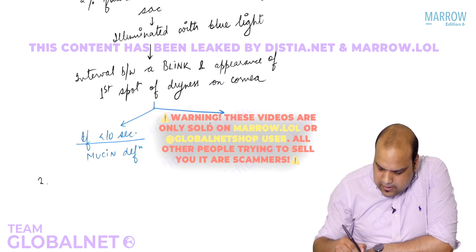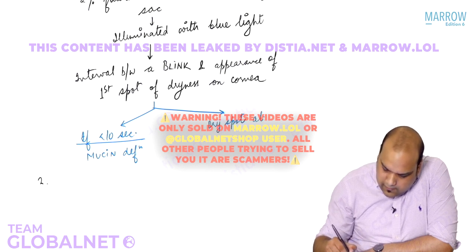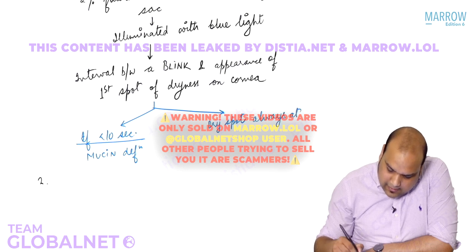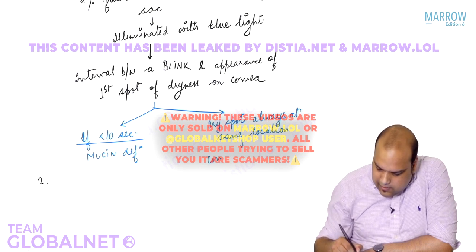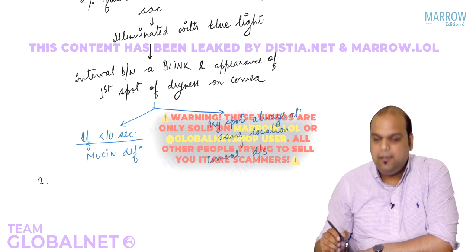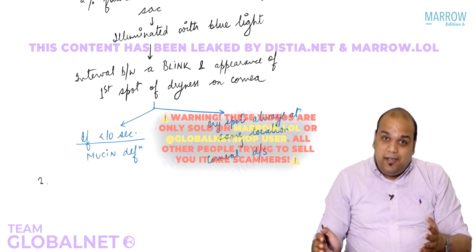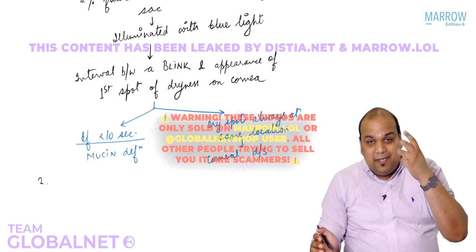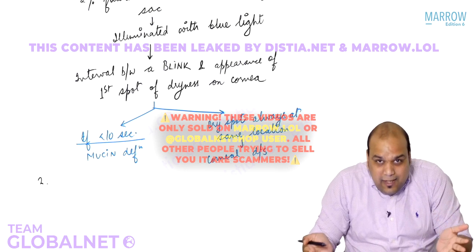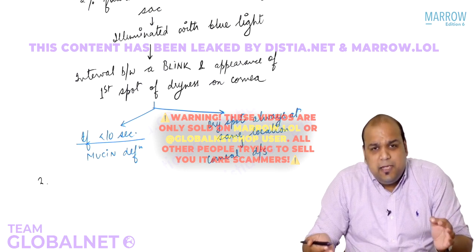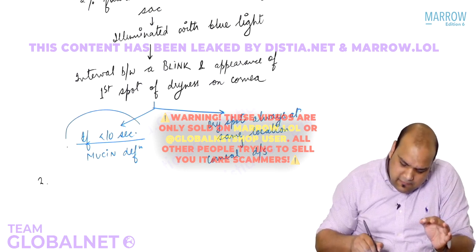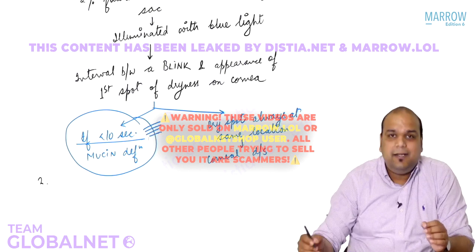But if the dry spot is always at the same location, then corneal disease. That indicates some kind of underlying corneal disease, because every time that same place is becoming dry. Am I absolutely clear? No confusion about this? So TBUT is basically diagnosing specifically the cases of mucin deficiency.